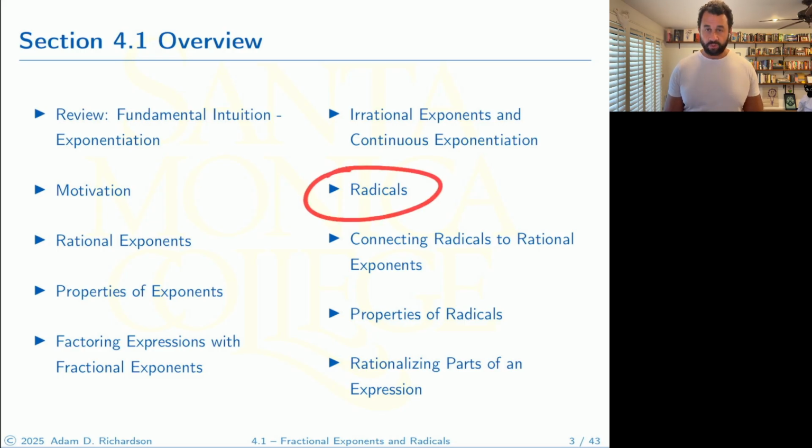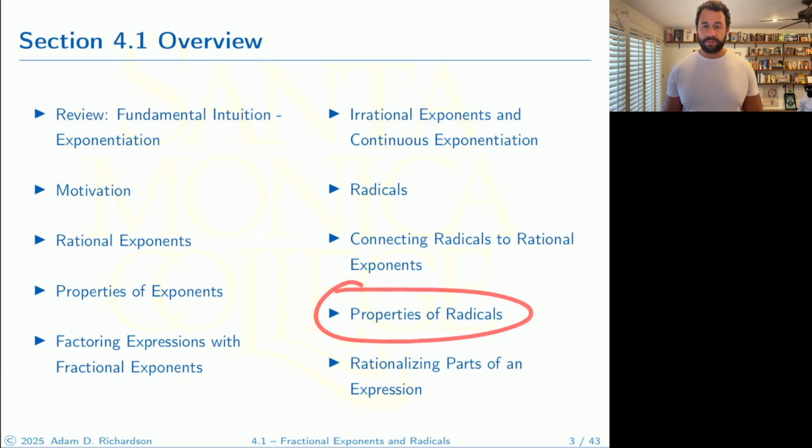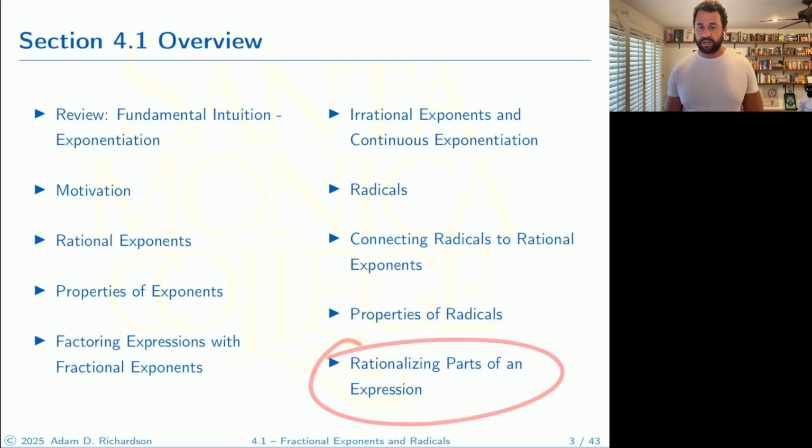Then we're going to talk about radicals. Those are those little radical symbols, right? We're going to connect radicals to rational exponents. Then we're going to go over some properties of radicals that we've encountered a little bit in the previous chapters. But now we're going to formalize them a little bit more, and then we're going to finish up talking about how to rationalize parts of an expression.